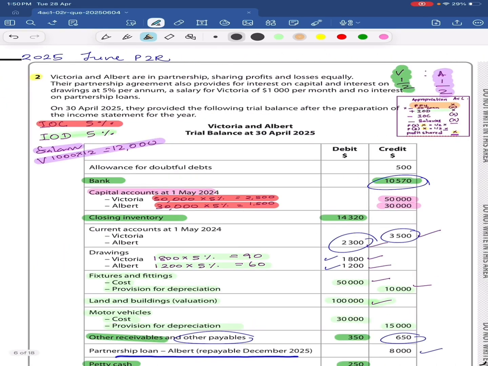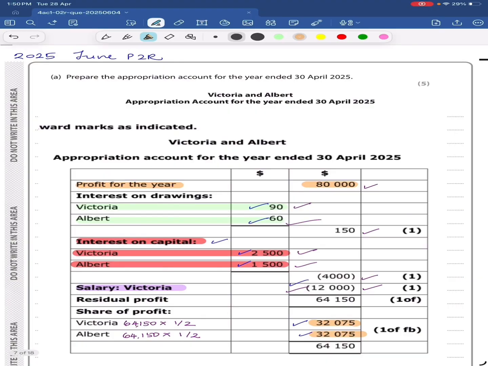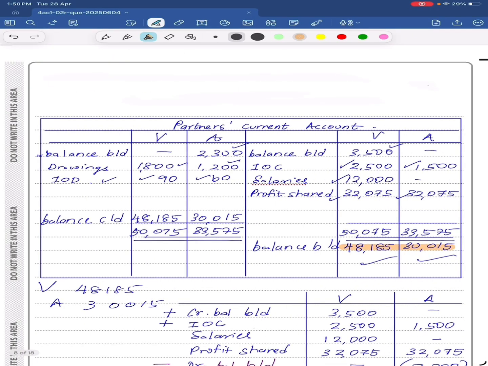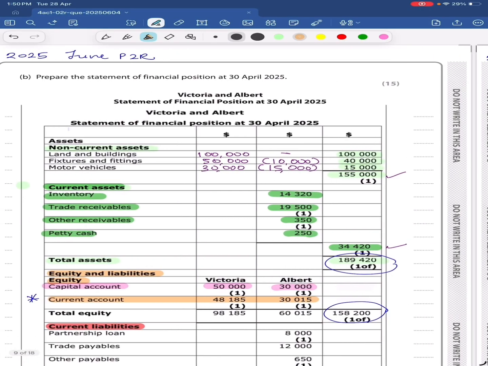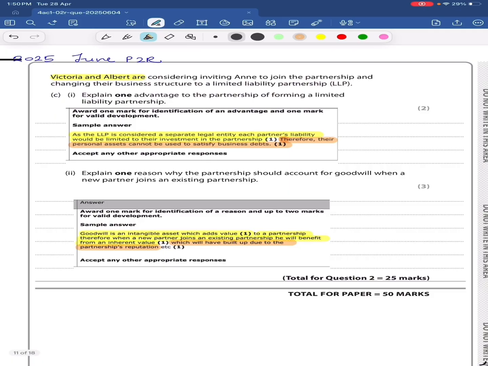The second question is based on partnership. So we prepared a partnership appropriation account, followed by a statement of financial position for the partnership, and 2 theory questions on limited liability partnership and the reason for accounting for goodwill.